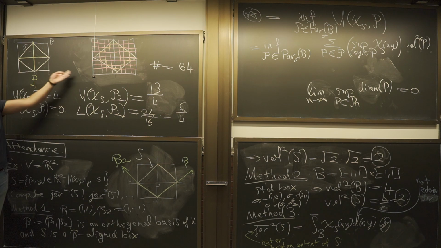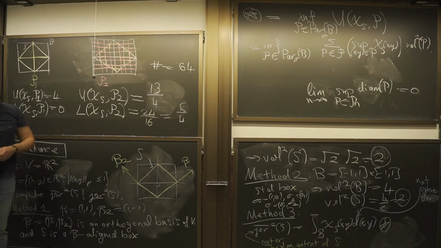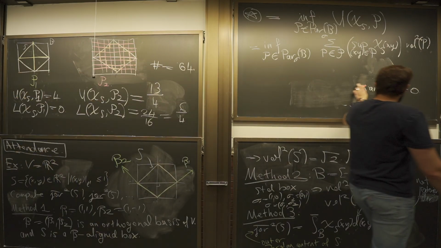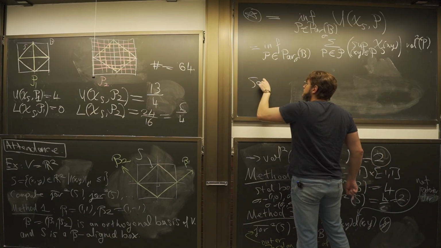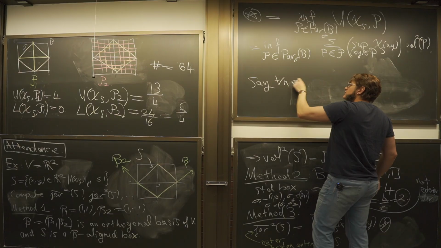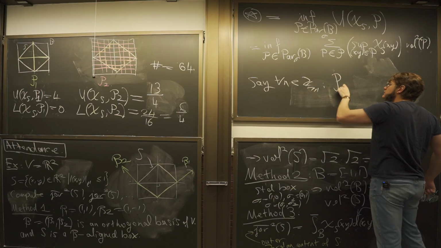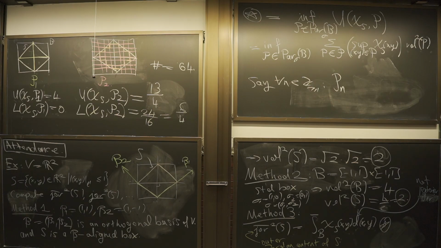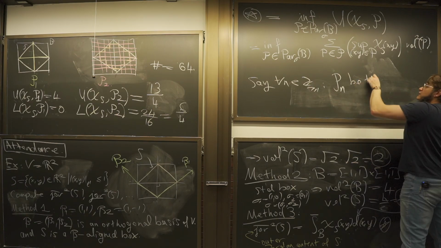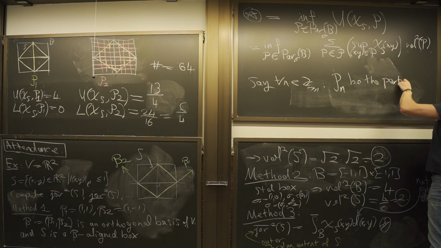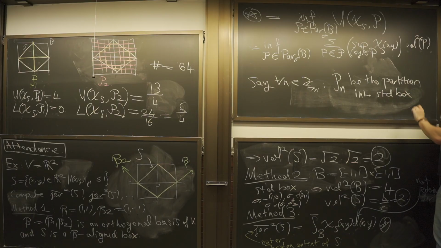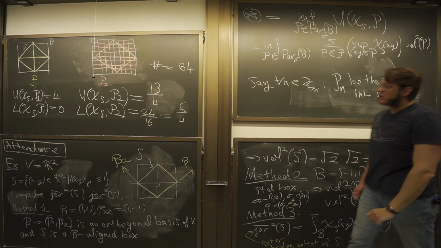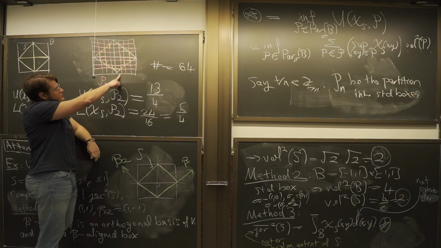That's what I had in mind. How can I make this more general? Say, for instance, for any n, let P sub n be the partition into standard boxes of length, what was the length?